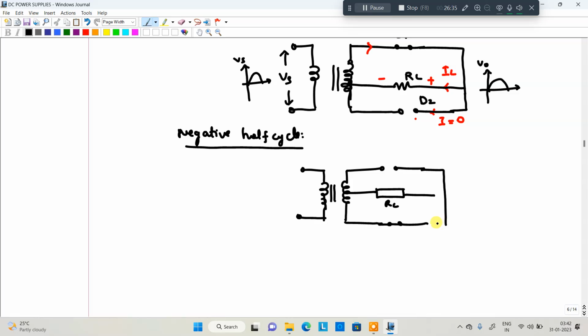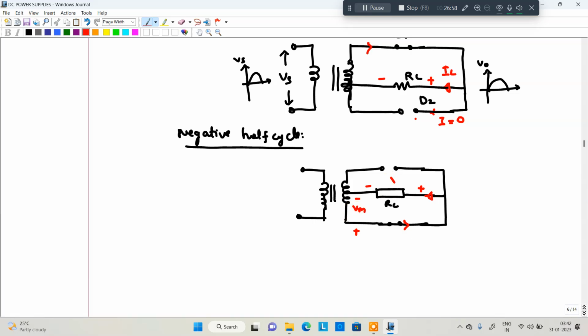Clear? Right. Now my question is, what is the current direction? It is important. One is positive, one is negative. The current will always flow from the positive terminal, and the current entering this direction will be like this. What was the previous current direction? The same direction. So the current direction is the same. What about the voltage we are providing?